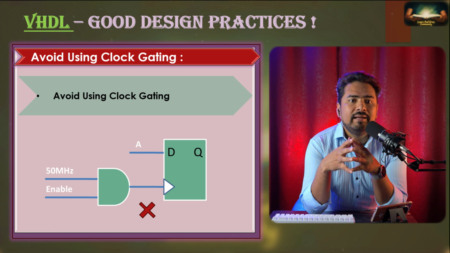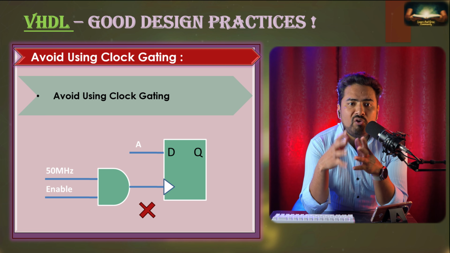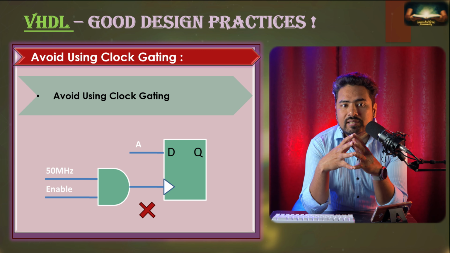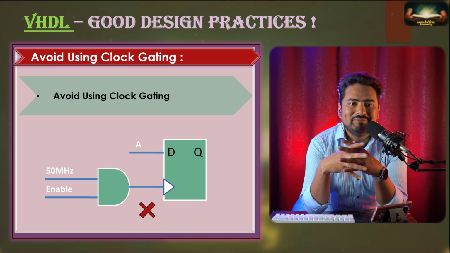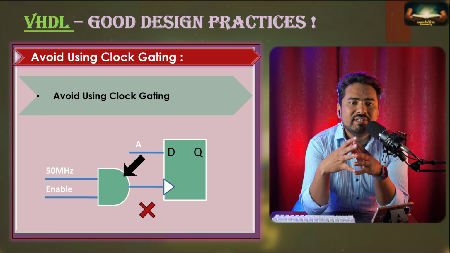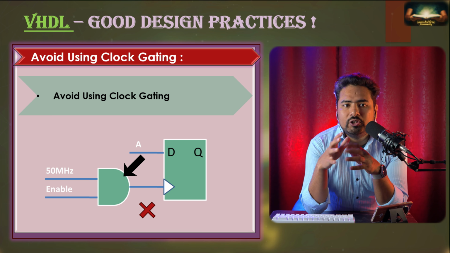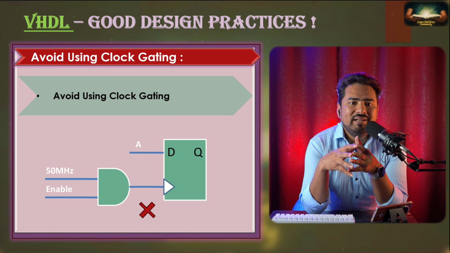Also, as I said, applied voltage or temperature can also affect these delays, meaning they can malfunction based on external things or environmental changes. And it can also limit the maximum operating frequency of your designs. So avoid this kind of approach in your designs. So the question is how to do this. Let's see in the next slide.